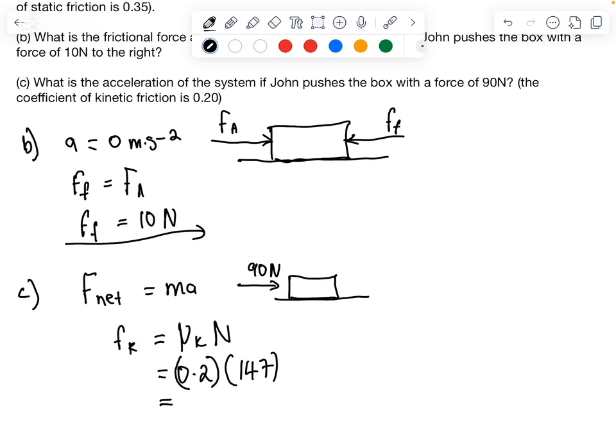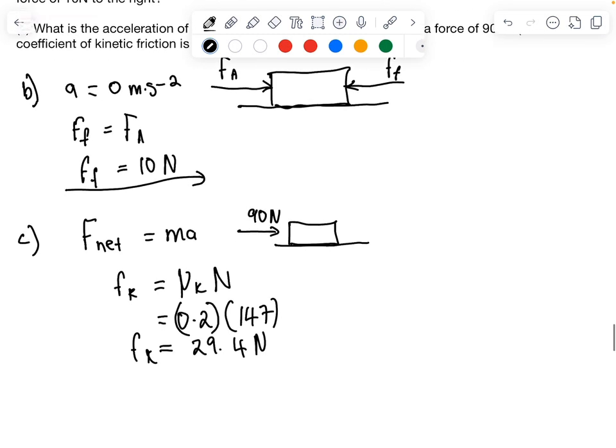It's 0.2 times 147, which is 29.4 newtons. Our kinetic frictional force. So now our kinetic frictional force, which is the force that opposes the motion of the object as it is moving, is 29.4 newtons. And the force applied is 90 newtons, right?